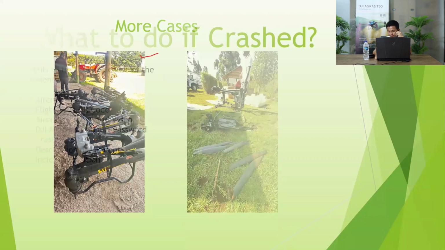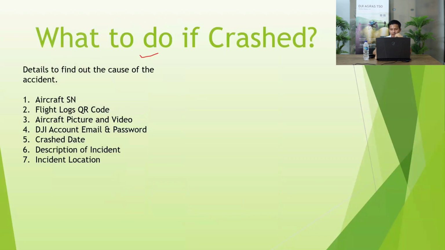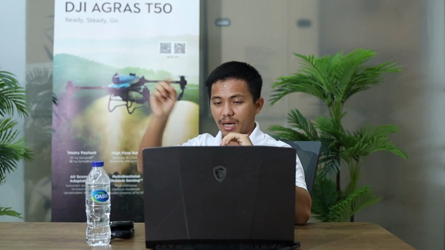So anyway, another good news is if a crash happens. Let's say you forgot things and now you have a drone crash. What we have to do once it's crashed, remember, you have to upload the flight log, the accident log.